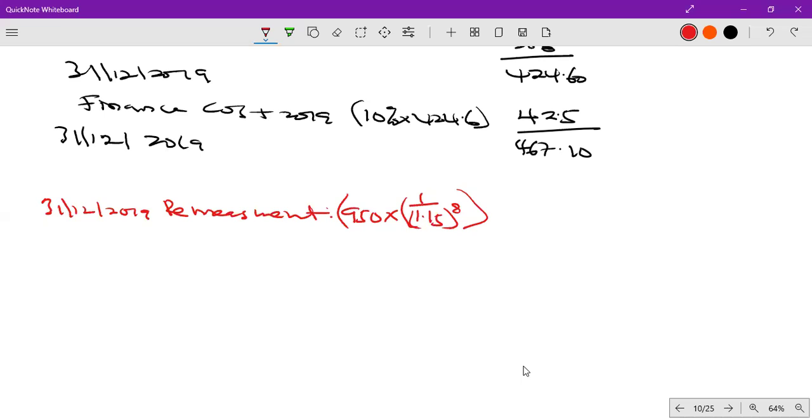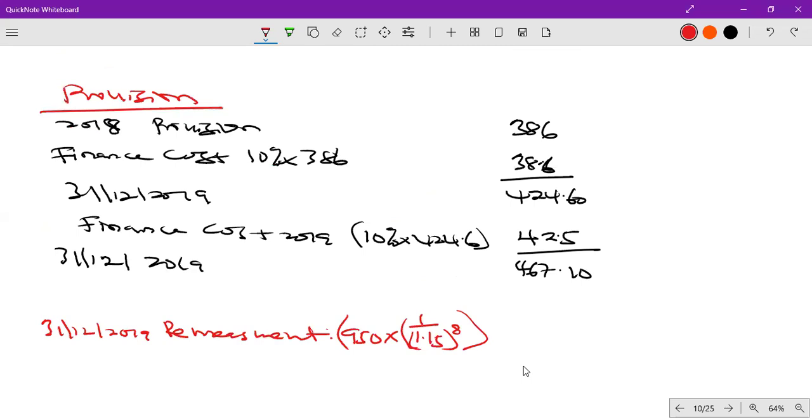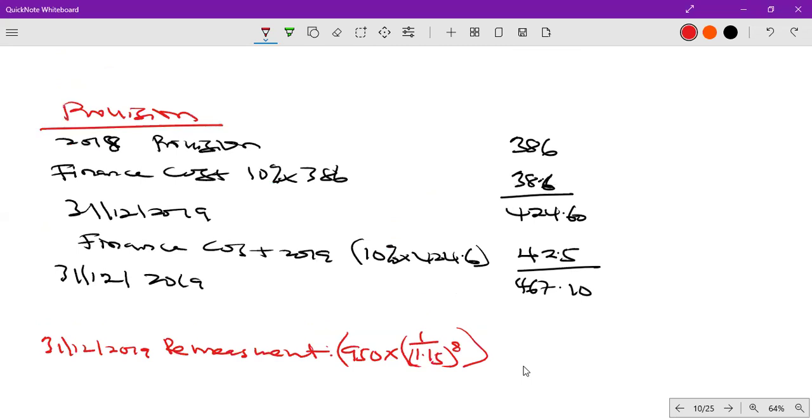So I said the calculation you made after the finance cost of 425, I'm seeing 31st December 2019 again, and another 31st December 2019 remeasurement. No. You see, at the beginning of 2018, the provision was 386. In that year, this provision will be unwound by the discount factor of 10%.